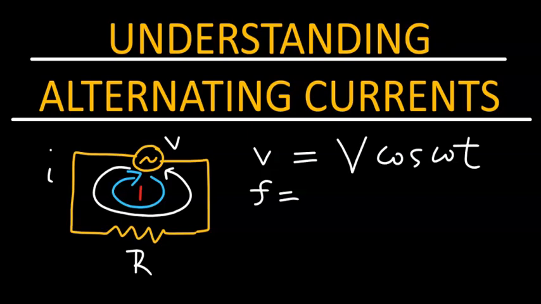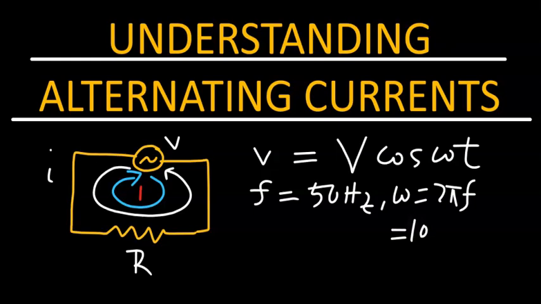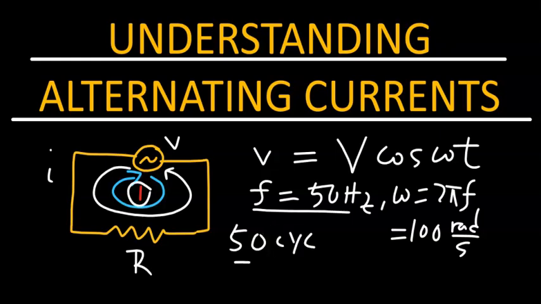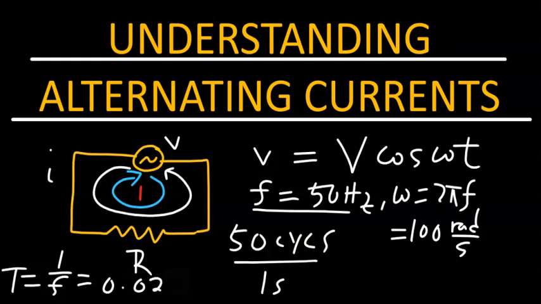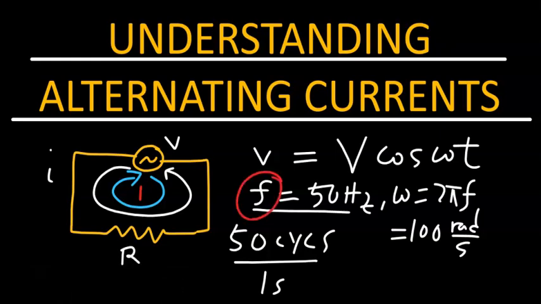If, say, the frequency of that AC source is 50 Hz, or since omega is 2 pi f, omega is 100 pi radians per second, that means this AC source with a frequency of 50 Hz creates 50 such cycles every second. Or each cycle takes a time of 0.02 seconds. So that is the significance of frequency or angular frequency of an AC source.